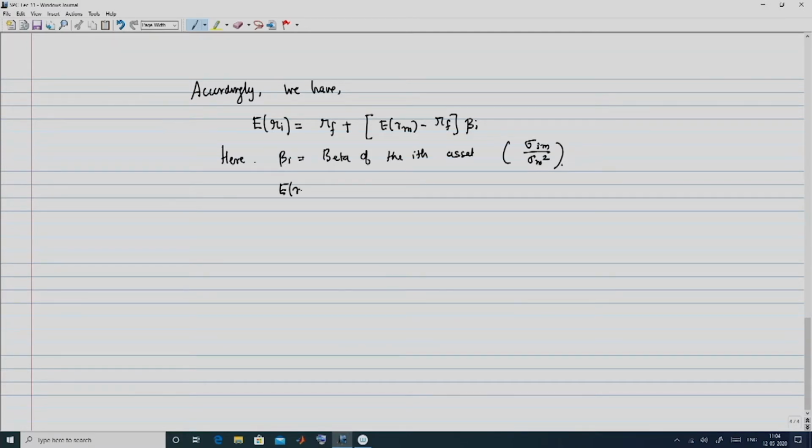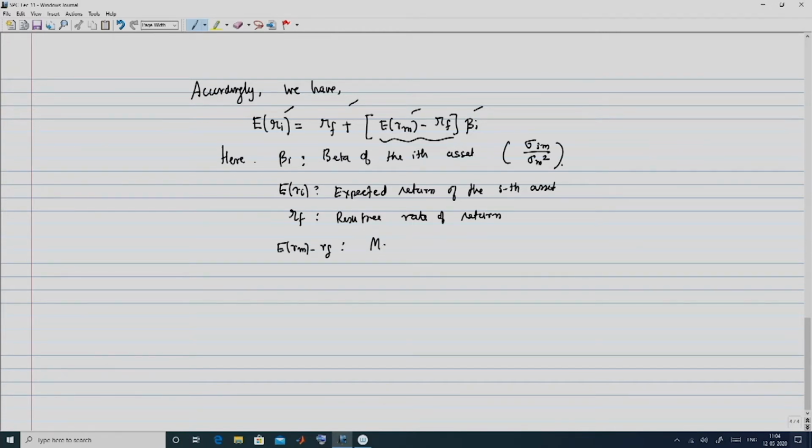Next, E(Ri) is the expected return of the ith asset. RF, as before, is the risk free rate of return, and the remaining term, E(RM) minus RF, is what is known as the market risk premium.